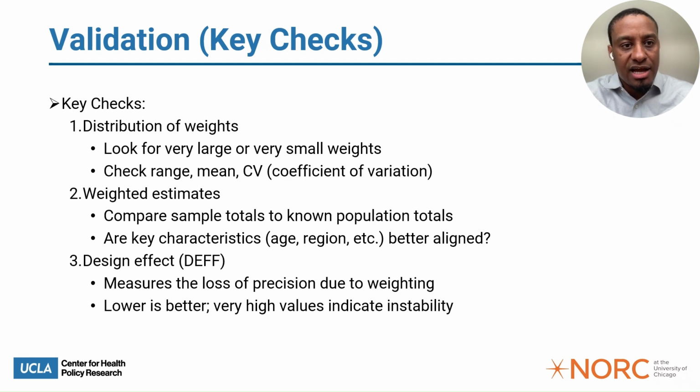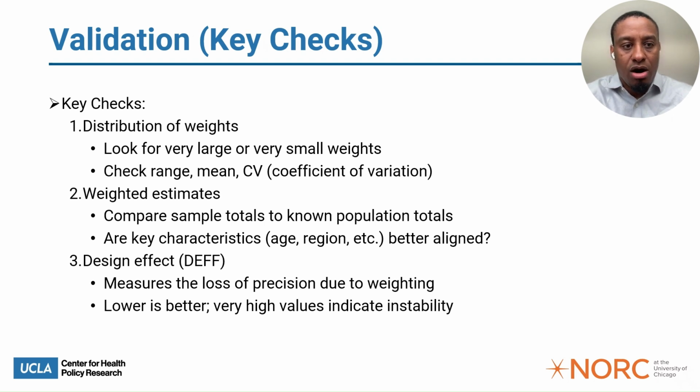Here on this slide, I go into more detail on the statistics that we can check while validating the weights. On the distribution of the weights, we can check for outliers. We don't want weights that are too large or too small, because these weights can have an outsized impact on our estimates. Another thing we can check is the coefficient of variation to assess whether our weights are stable.